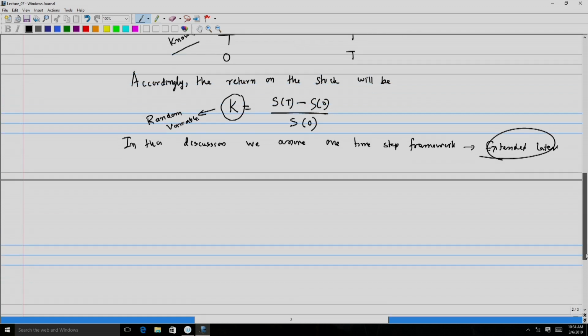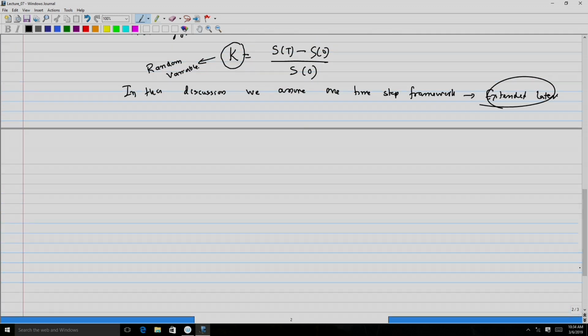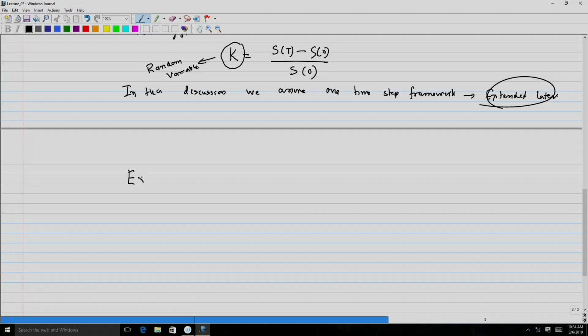So, when we talk about a random variable, naturally the next question that arises is what is going to be the expectation of the random variable, and in this case the expectation is going to be the expected return, or in real terms it means the return that you expect to get in a single period based on this investment. So, we start off by talking about the first of the two pillars of the Markowitz model, which is the expected return.